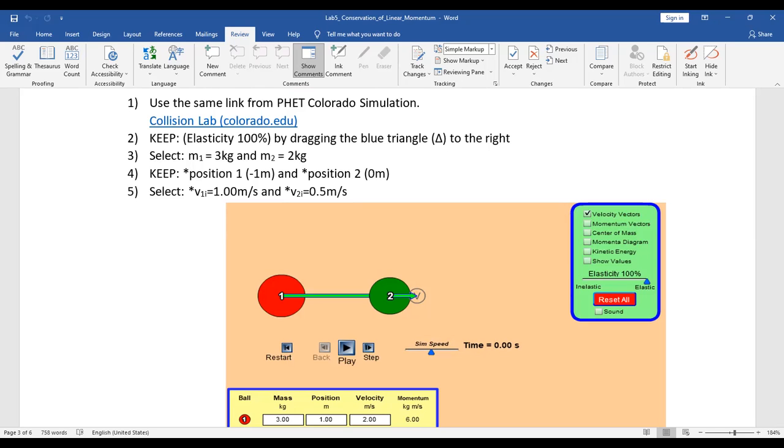What about Kf is 1/2 times 3 times 0.9 squared plus 1/2 times 2 times 1.65 squared.